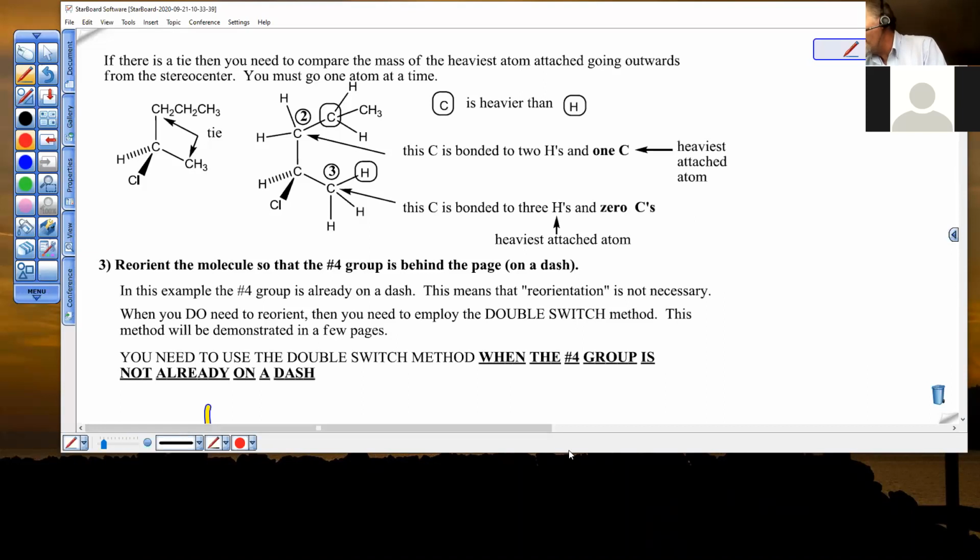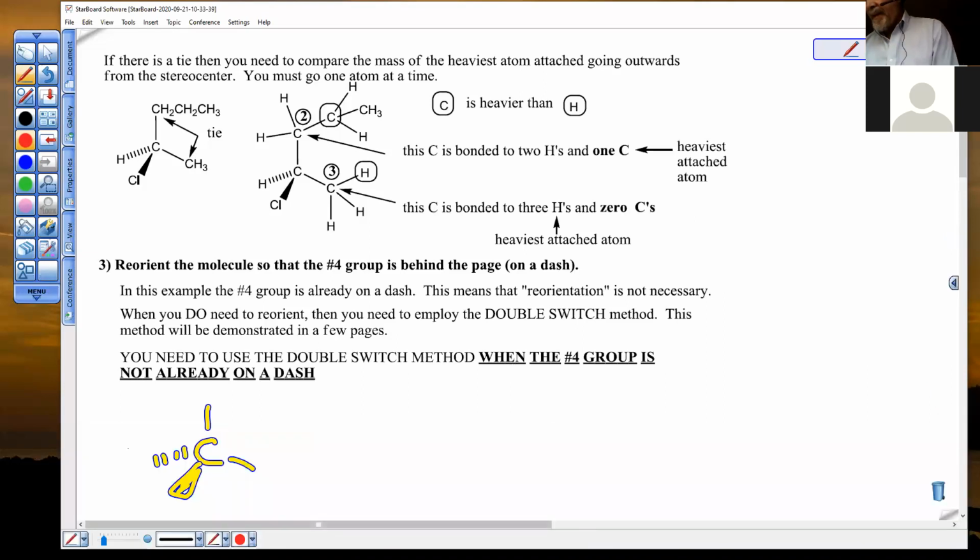The 4 was here. I like circling these numbers so I don't confuse them with chain numbers. The number 1 was the chlorine. I'm looking up at this molecule here in case you're concerned. I will put the numbers here. After we broke the tie, we had 1, 2, and 4, and 2 and 3 circled here already.